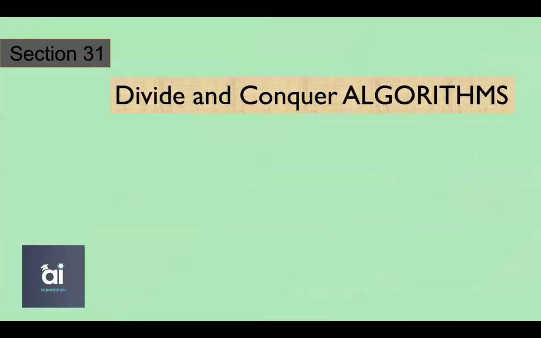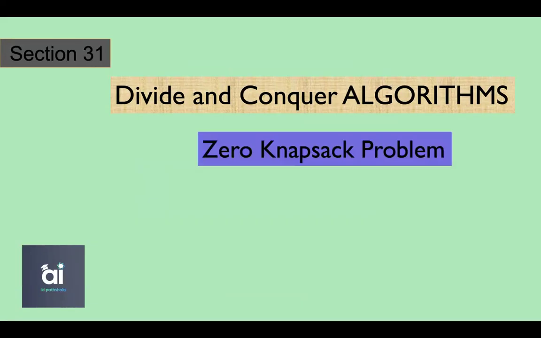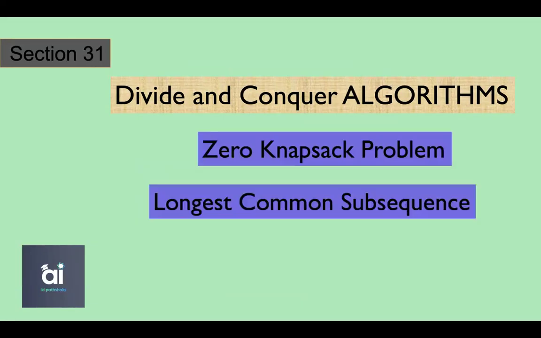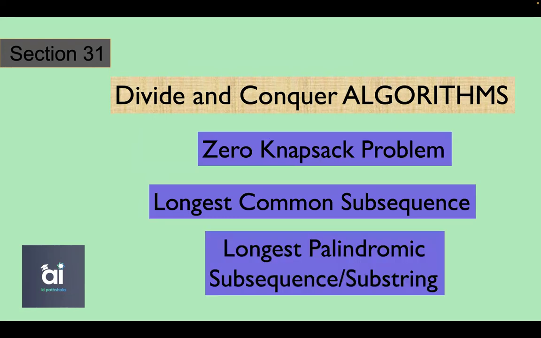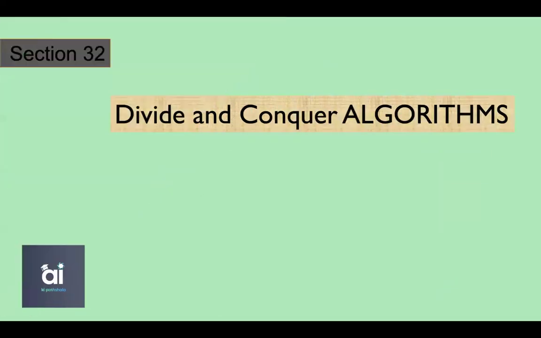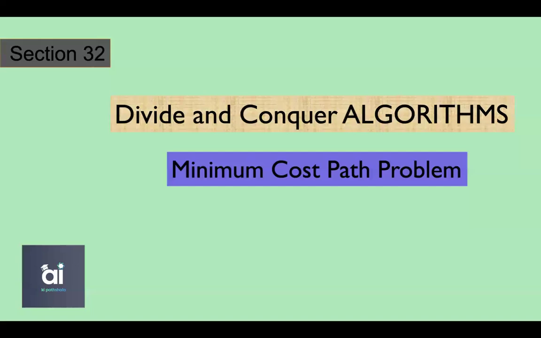Then we will learn the zero one knapsack problem, longest common subsequence problem, longest palindromic subsequence or substring problem. And also we will learn the minimum cost path problem using the divide and conquer approach. And we will create methods in Python for those problems over here.